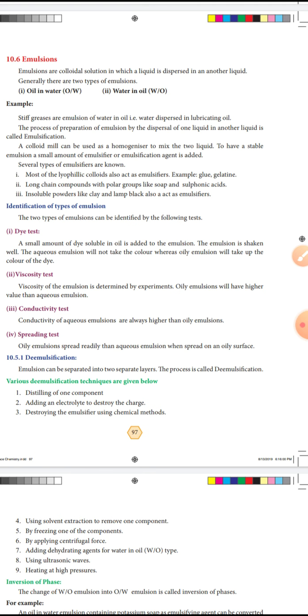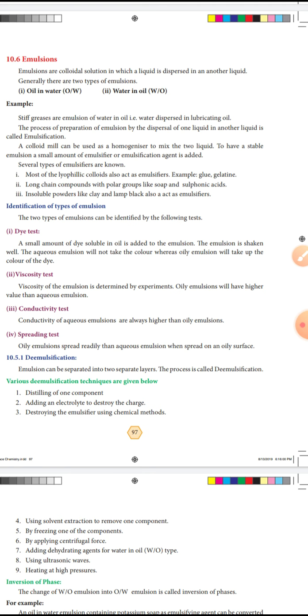Several types of emulsifiers are known. The first type: most lyophilic colloids also act as emulsifiers, for example glue and gelatin. The second type: long chain compounds with polar groups, like soap and sulfonic acid.